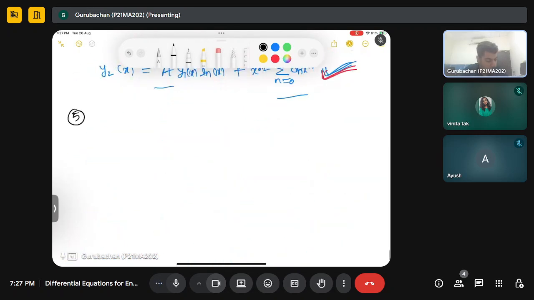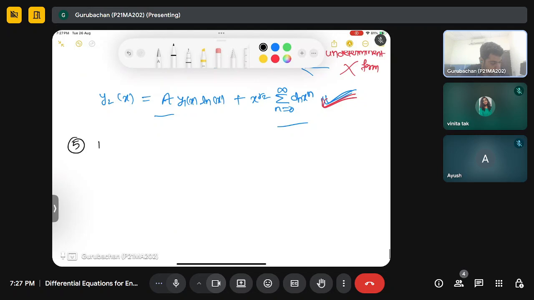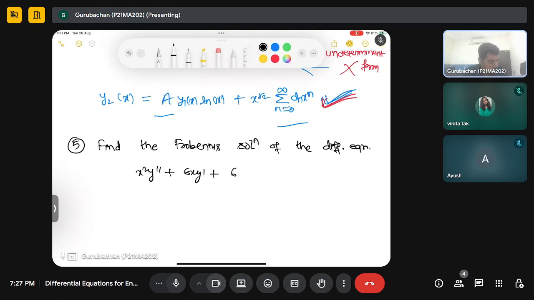Question number 5 is: find the Frobenius solution of the equation for x greater than 0. So for this question, you have to find its Frobenius solution. Try this one, then we will discuss it.